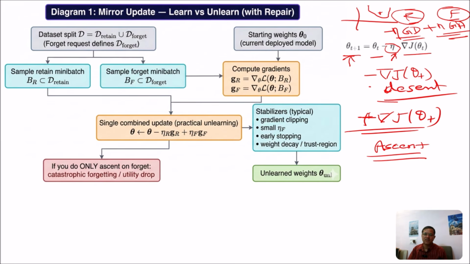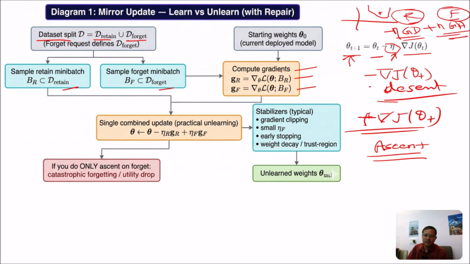So first we concentrate on how to unlearn some part while retaining the related part. For that we use the dataset that contains the retain part and forget part, and then we identify the batches for those, like we do in a deep learning task. Then we compute the gradient for the retain part and then the forget part.